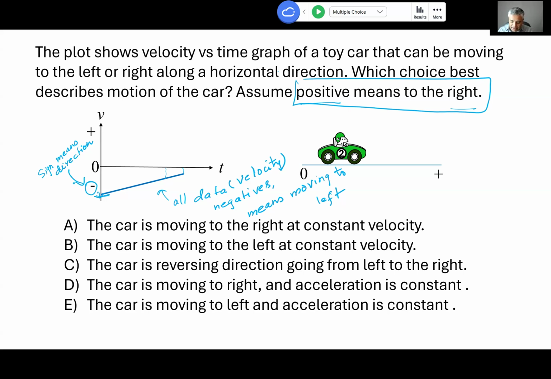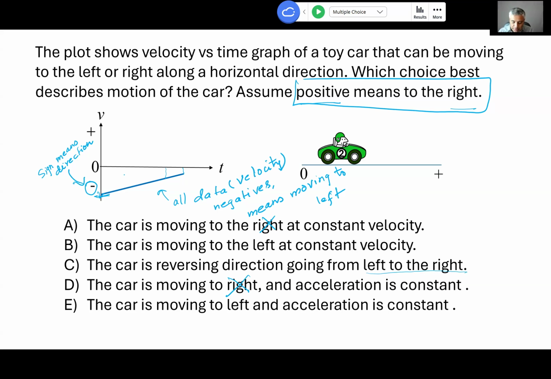So the car is moving to the right. Since it is moving to the left, anything that says moving to the right is incorrect. So these two are incorrect, I can tell just by looking at that. Here it says left to right.